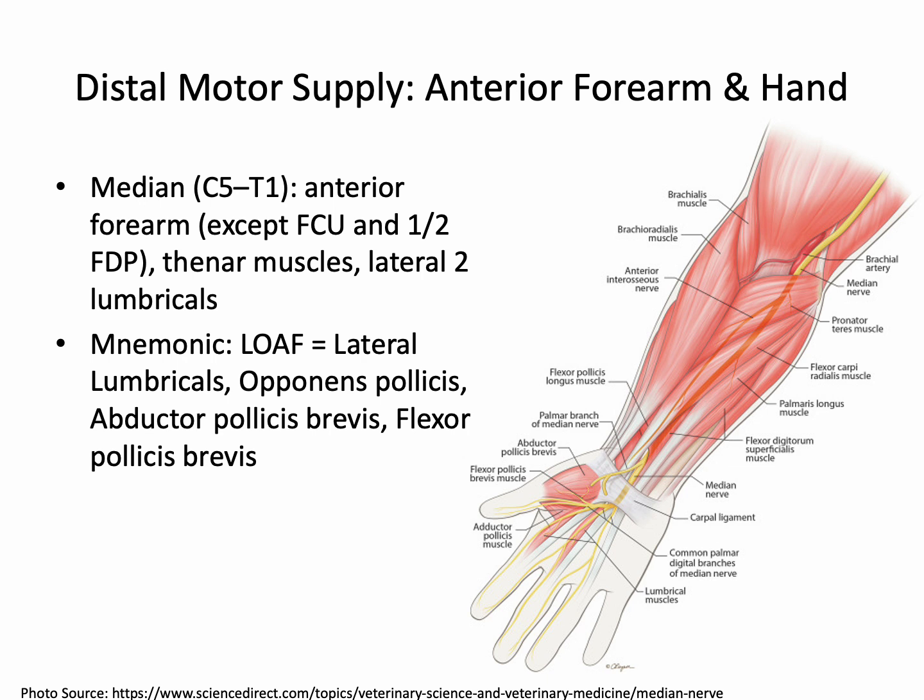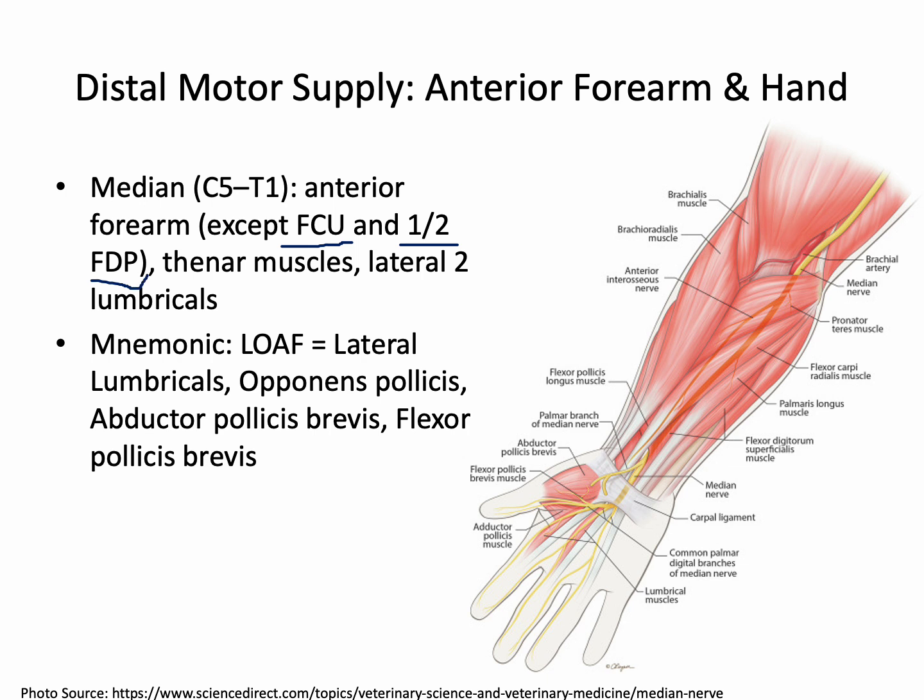So going back to the anterior compartment of the forearm muscles, we have two exceptions. So the first exception is FCU, which stands for flexor carpi ulnaris, and the second is half of the FDP.